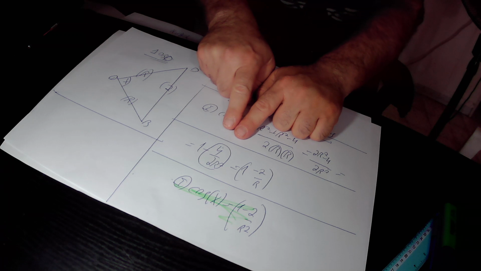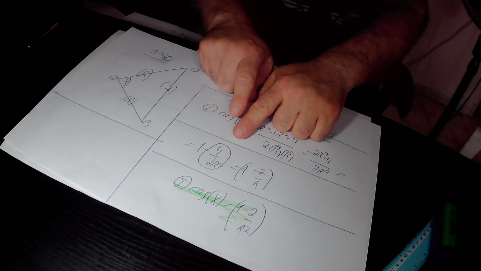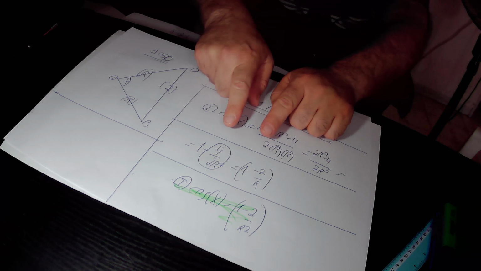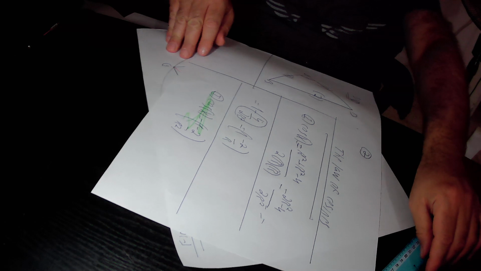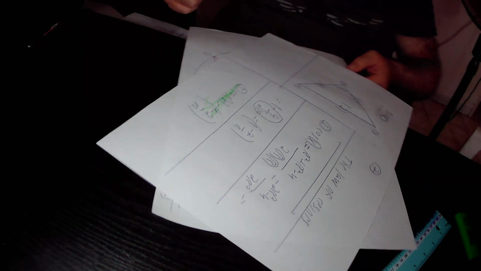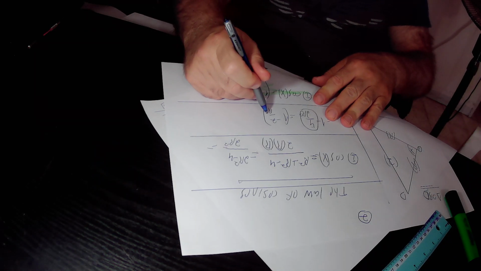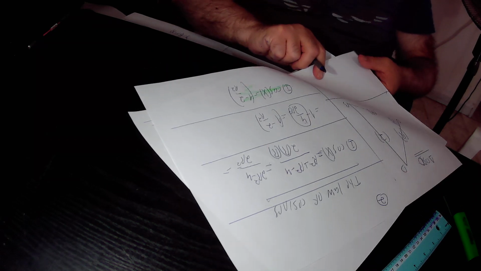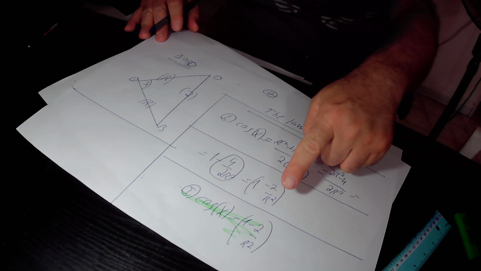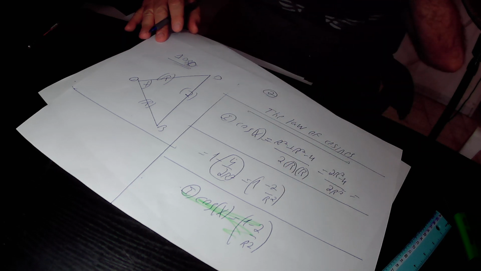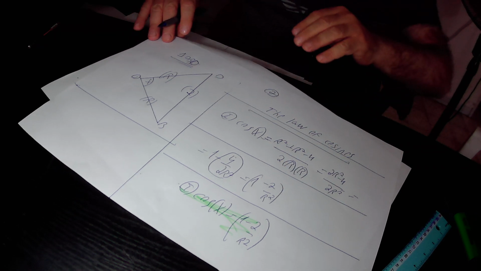So here we divided both the numerator and the denominator of this expression by 2. Minus 4 over 2 is minus 2, and 2R square over 2 is R square. So we found out that cosine X equals 1 minus 2 over R square, according to equation 1.